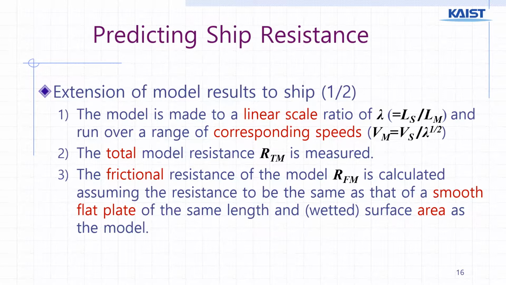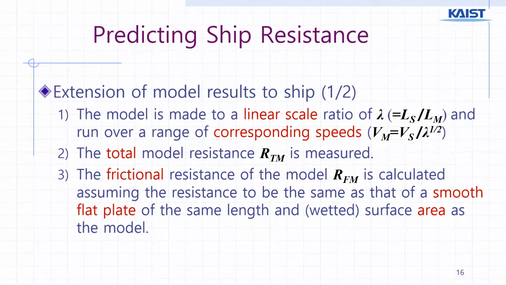Anyway, we will learn over a range of corresponding speeds used by the Froude number. So you can get the total model resistance measured by separating out CF and CR. The corresponding speed is for CR, but the frictional resistance of the model is calculated assuming the resistance to be the same as that of a smooth flat surface that has the same length and relative surface area as the model. Right?